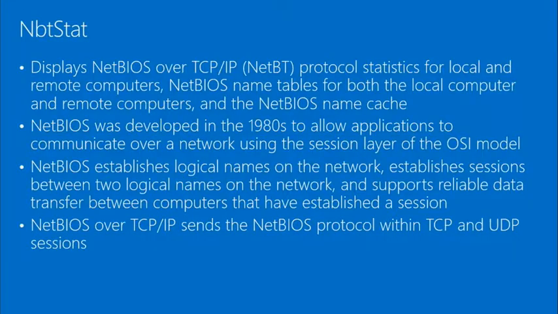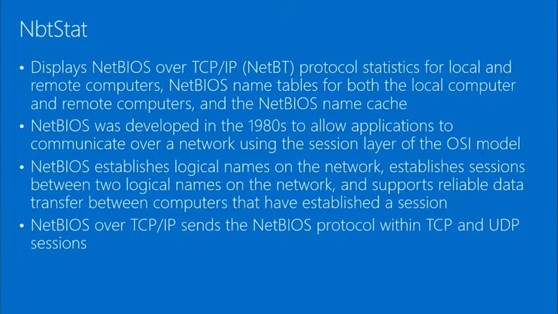NBTstat. This displays NetBIOS over TCPIP, NetBT, protocol statistics for local and remote computers. NetBIOS is kind of an interesting thing. It was developed in the 80s to allow applications to communicate over a network using the session layer of the OSI model. What does that mean?